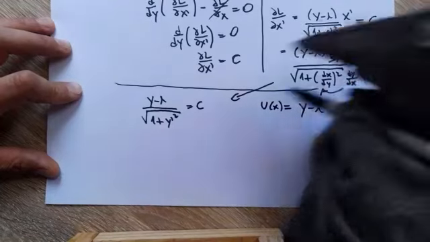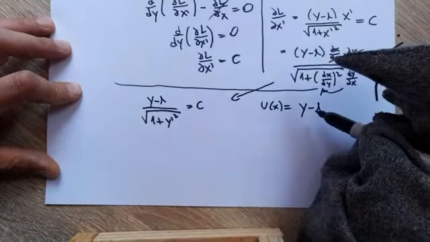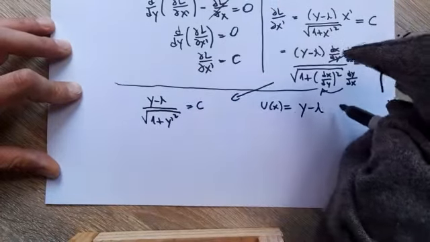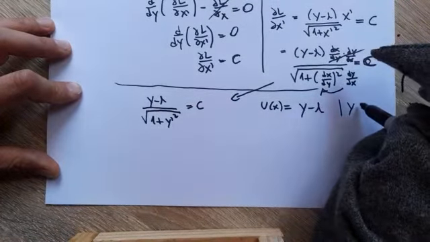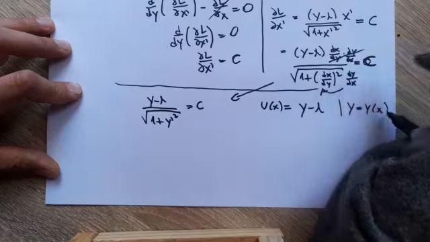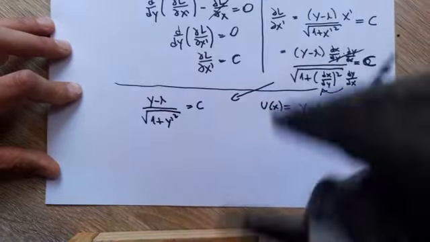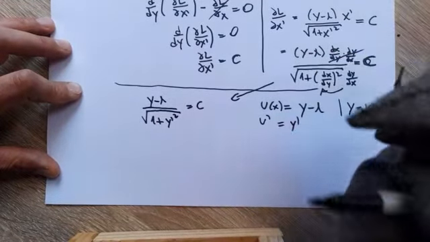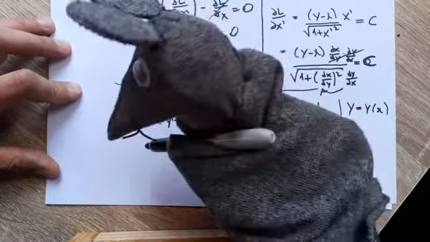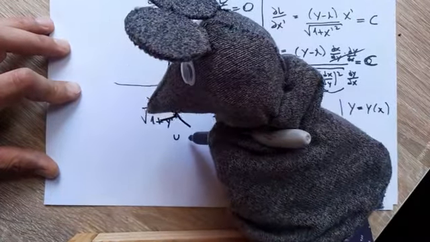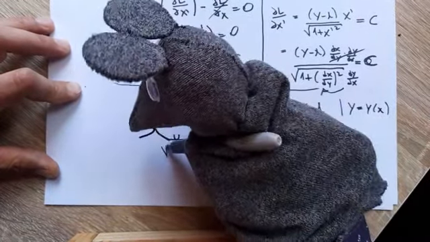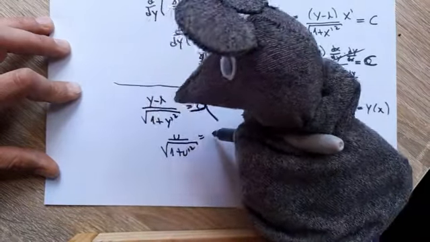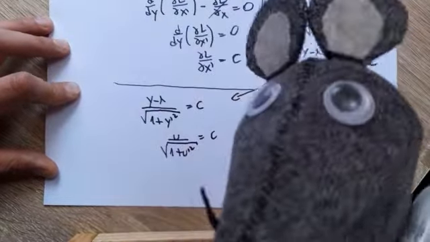If you notice, the independent variable is x now. So we got now that y equals y of x. Now we can easily see that u prime equals y prime. So then we got u over the square root of 1 plus u prime square equals c.